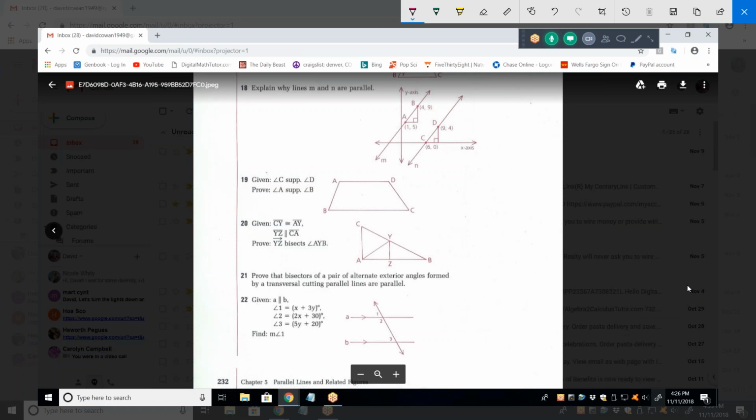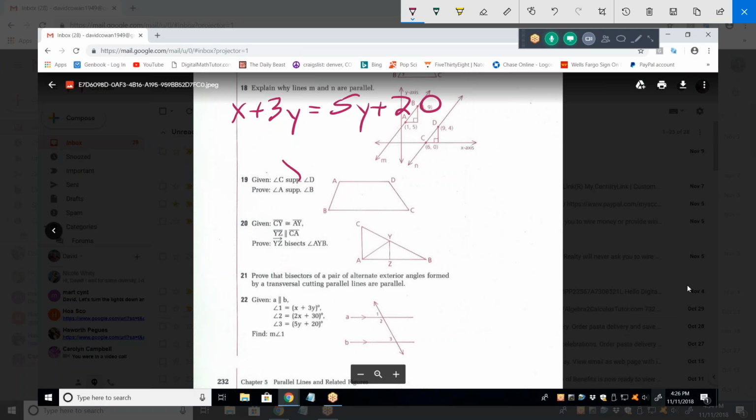1 is equal to 3. Let's start out there. x plus 3y equals 5y plus 20. Has to be a true statement, right? Yes. Okay. And furthermore, angles 1 and angle 2 are supplementary.